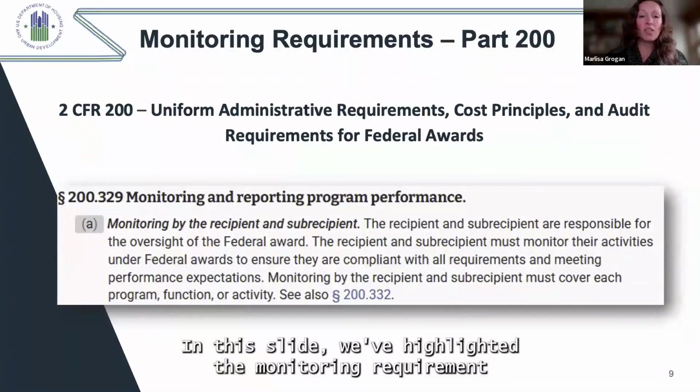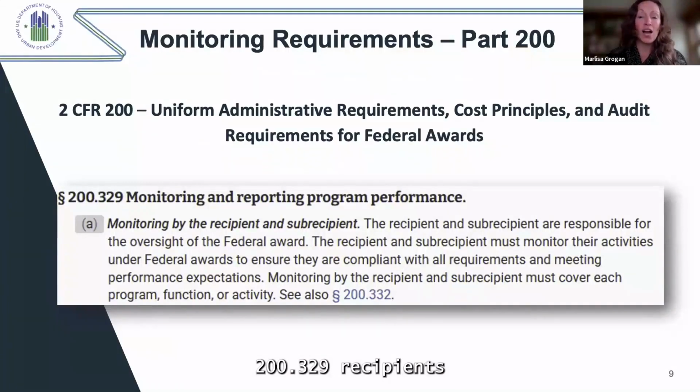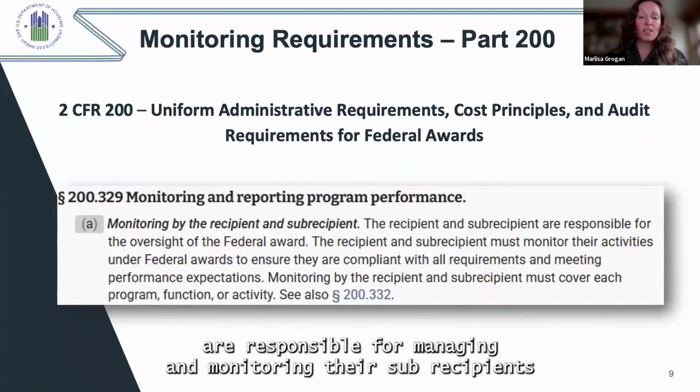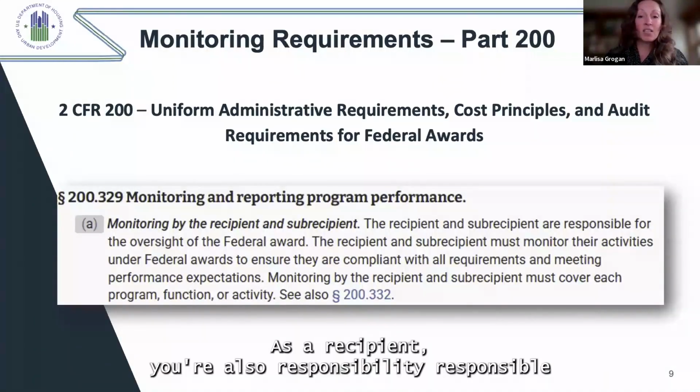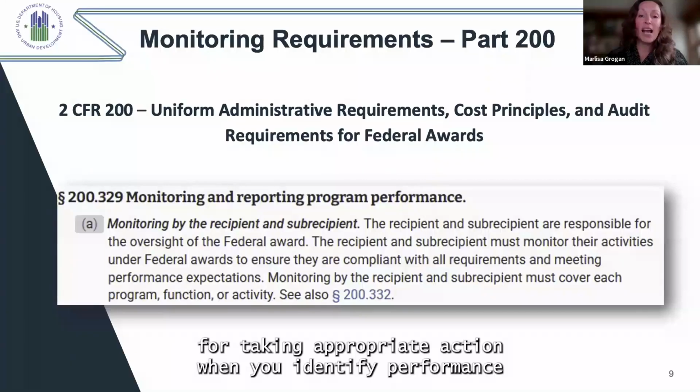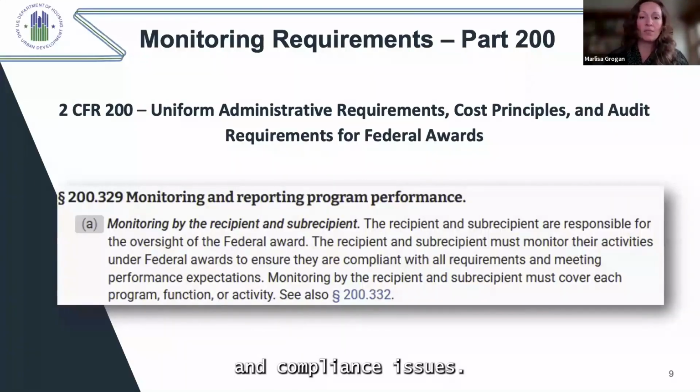In this slide, we've highlighted the monitoring requirement at 200.329. Recipients are responsible for managing and monitoring their subrecipients' performance in compliance with federal rules and regulations. As a recipient, you're also responsible for taking appropriate action when you identify performance and compliance issues.